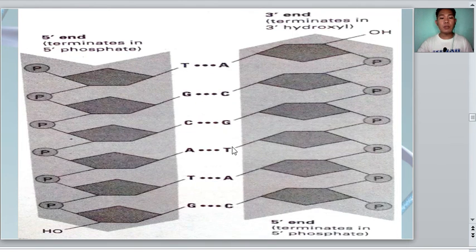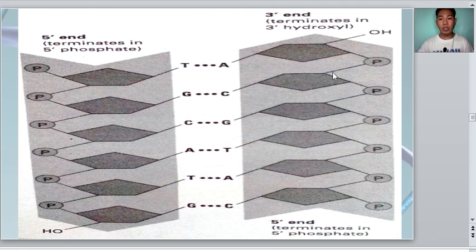In this illustration, notice a segment of a DNA molecule showing the anti-parallel orientation of the complementary strands. Arrows actually indicate the 5' end up to the 3' end of the strand.